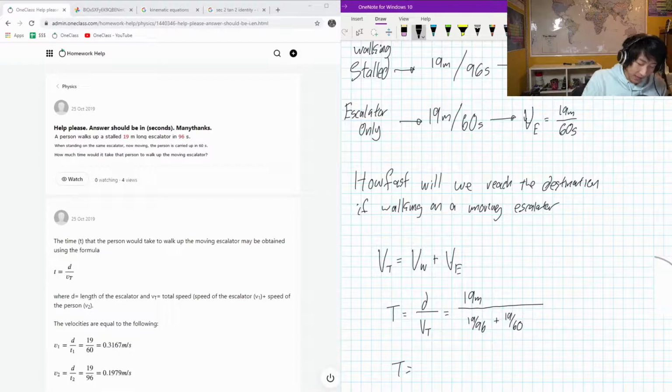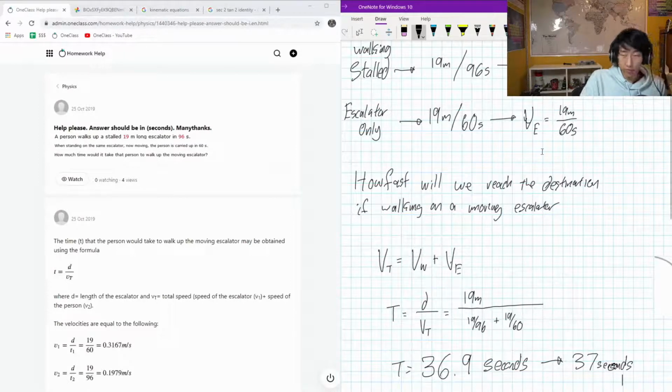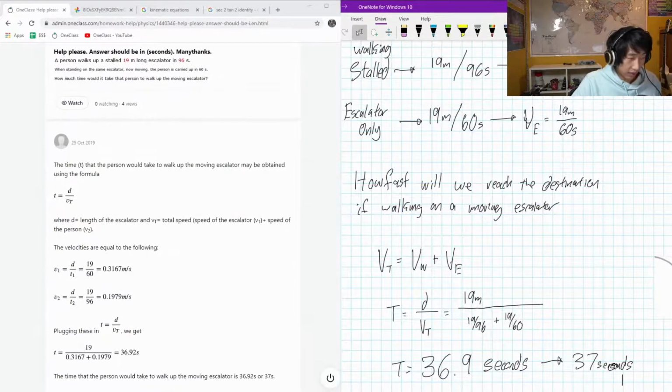And the result of this calculation is 36.9 seconds. But to two significant figures, maybe it's better to say 37 seconds. Okay, because everything was given in two sig figs, so that should be what we have in the end.